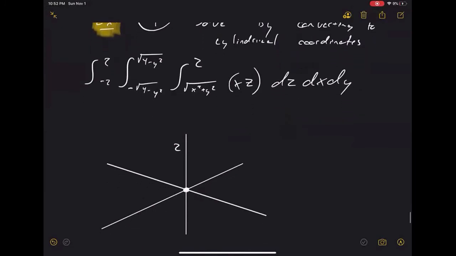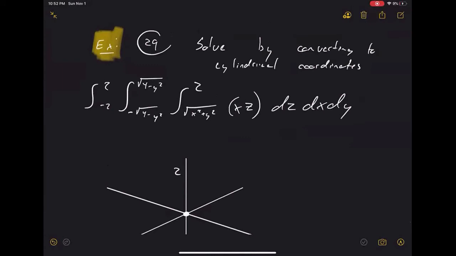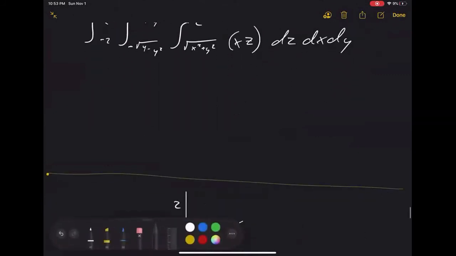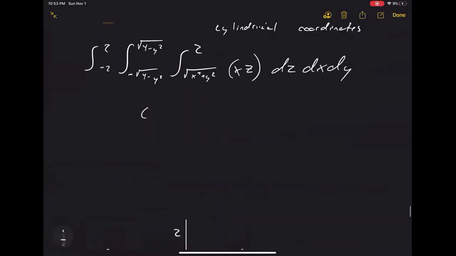You might be tempted to, what are we doing here? We're converting to polar, or excuse me, cylindrical coordinates, right? So the stuff inside our integral, the conversion is really easy.